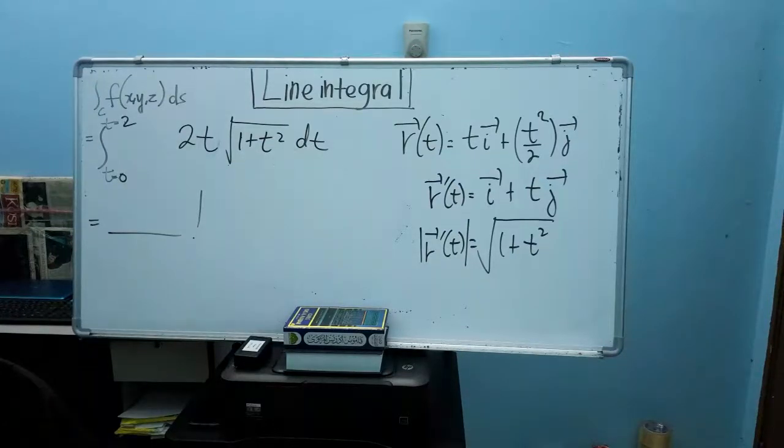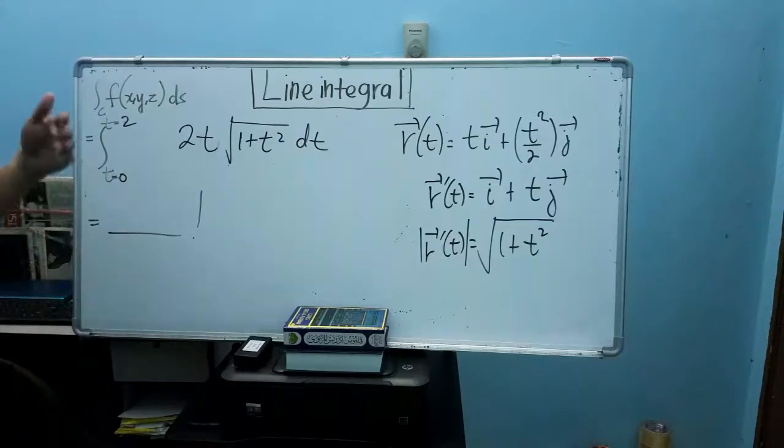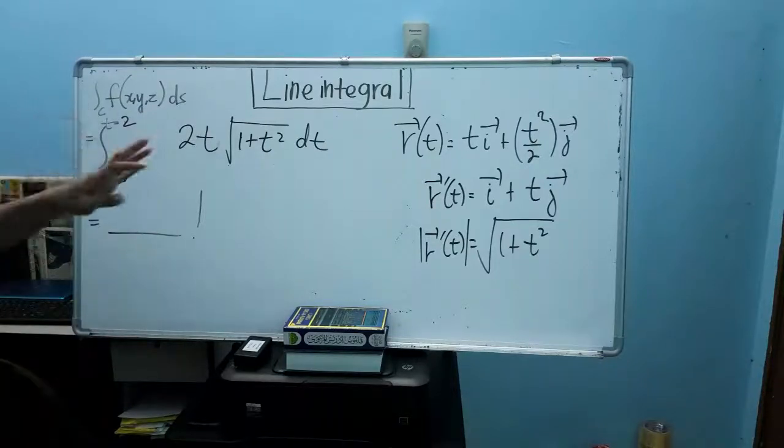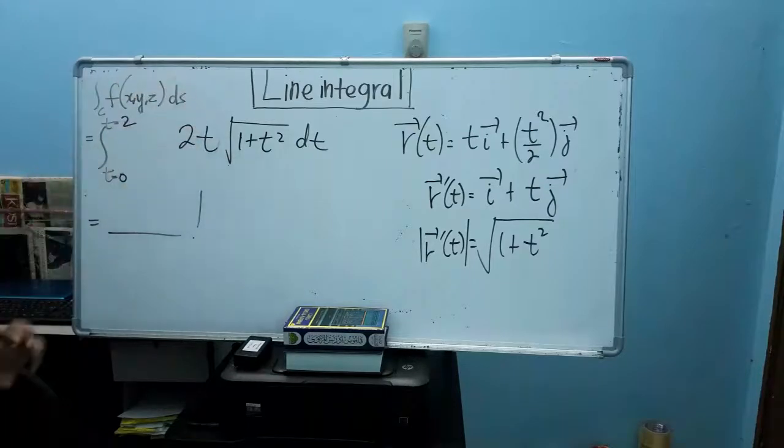The important thing here, I just want to show you. The first thing I want to discuss with you is the meaning of the line integral, and the second, you need to know how to calculate the line integral. We have this formula, and you need to know how to find each term in that formula.